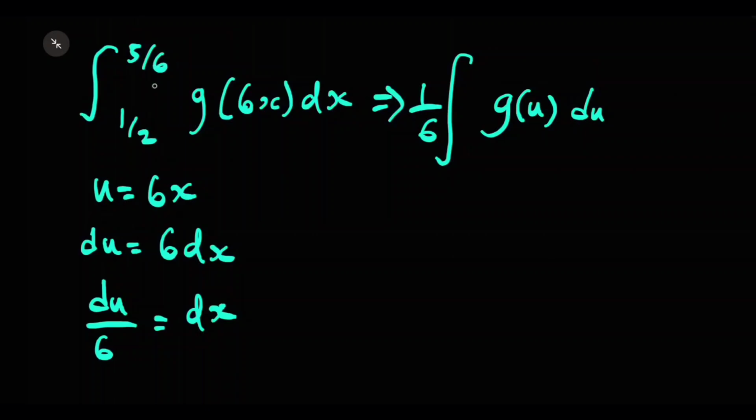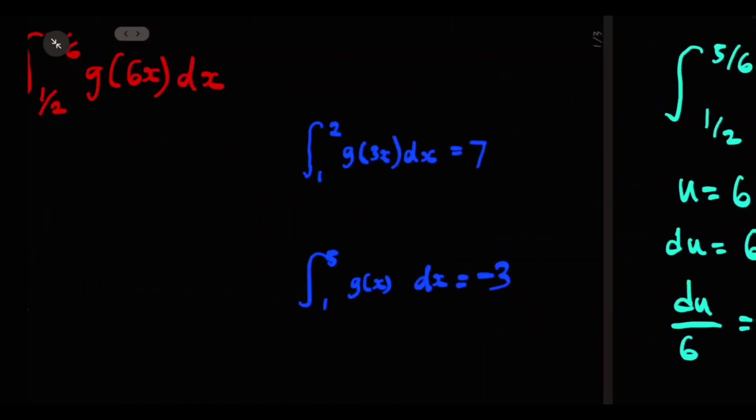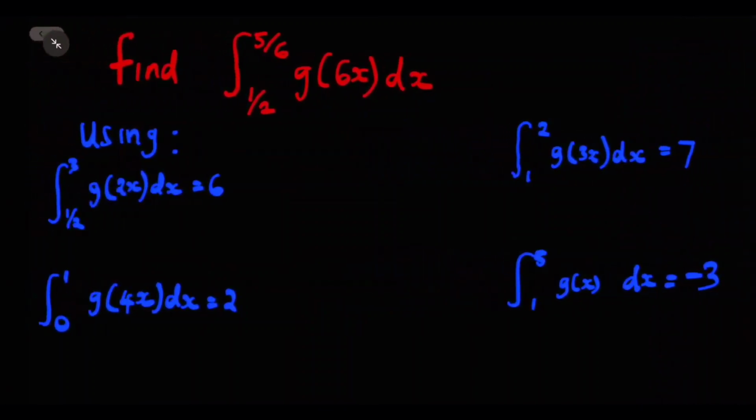So 5 over 6 times 6 will be 5, and 1 over 2 times 6 will be 3. So this is a new expression for the question. So let's just put it down here. We have the integral from 5 to 3 of g of u du.